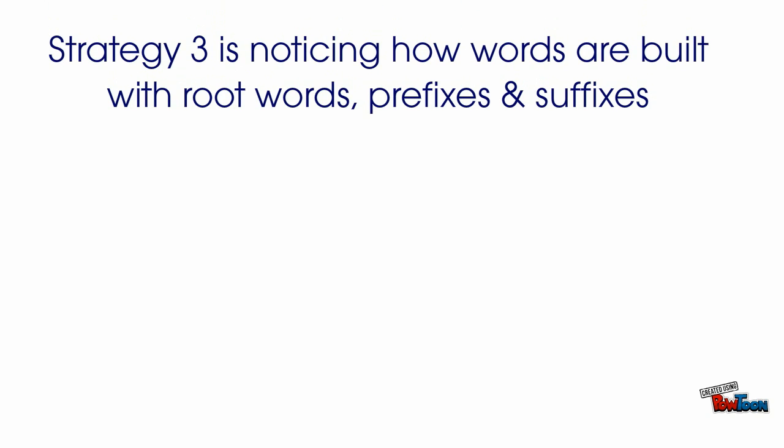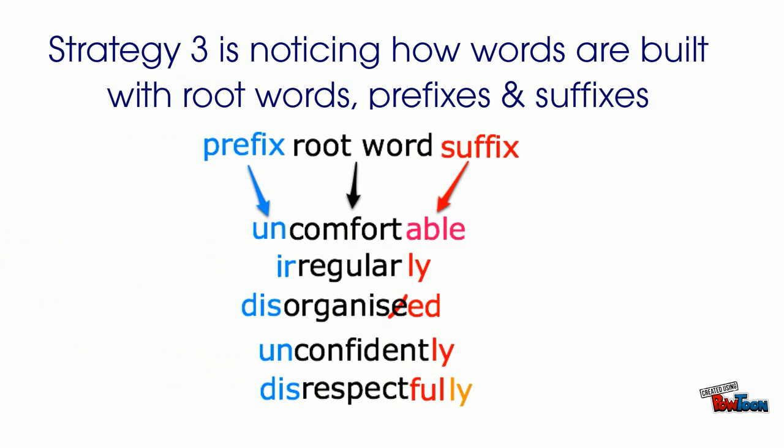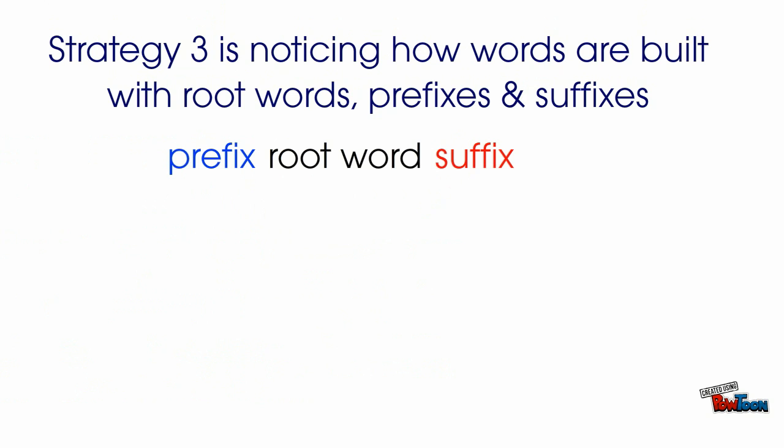Strategy 3 is noticing how words are built with root words, prefixes and suffixes. This is a very important strategy, especially if your language doesn't build words like this. Can you see this? We've got a root word and we add a prefix at the beginning of the root word and a suffix at the end. So we've got uncomfortable. So we've got the UN plus comfort, the root word, and able, suffix ending.